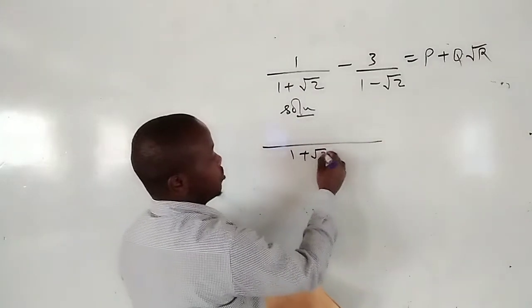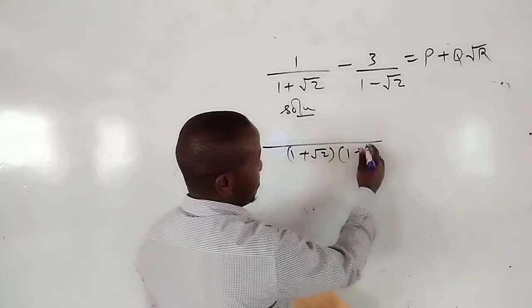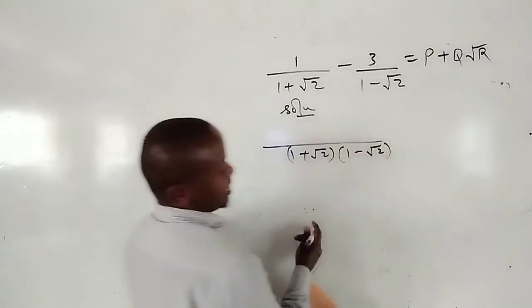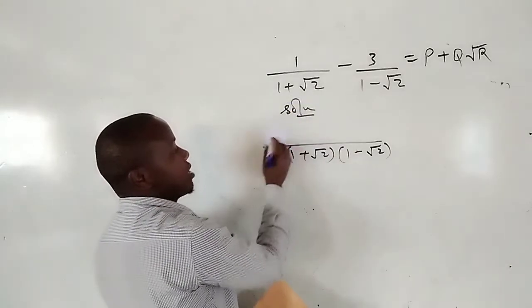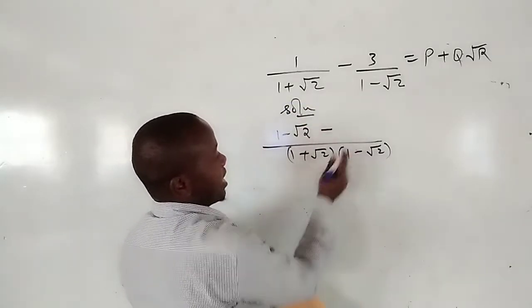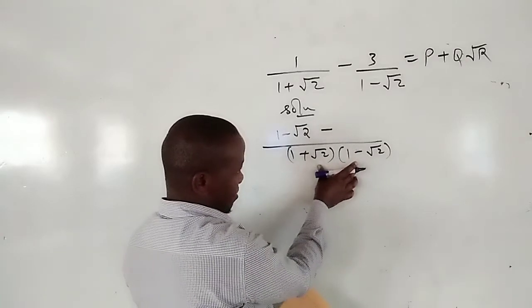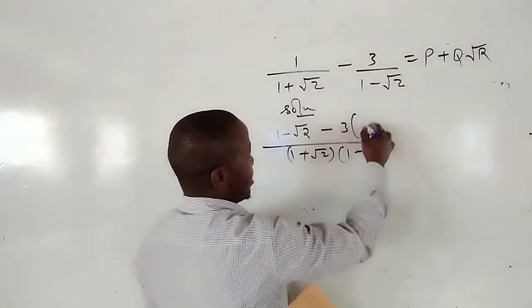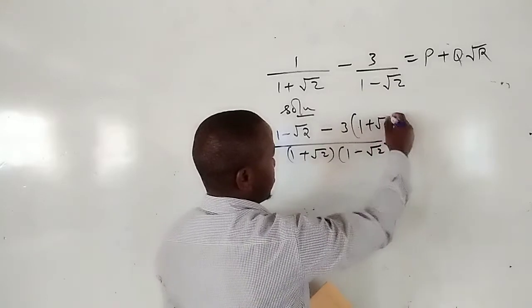So 1 plus the root of 2 and 1 minus the root of 2, they are the LCM. So LCM divided by this one, we will get the one with a minus, minus LCM divided by this one, we'll get 3 into the one with a plus now.